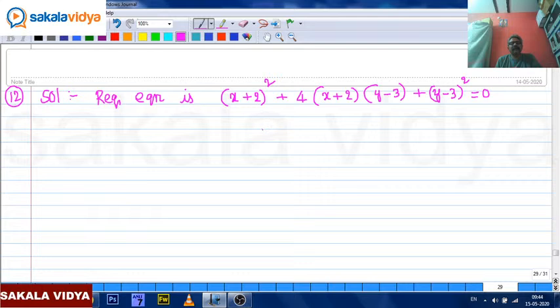That means it passes through (-2, 3). So the point of intersection of this pair of lines is (-2, 3). You remember that one also. So now we need to simplify.